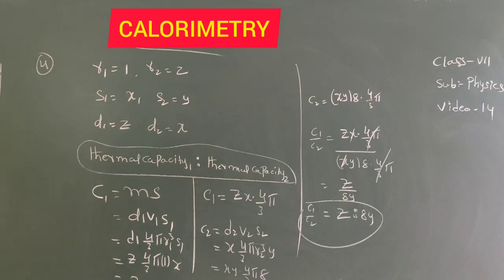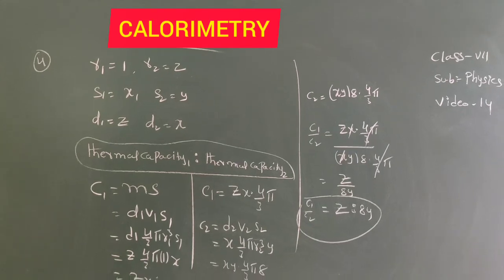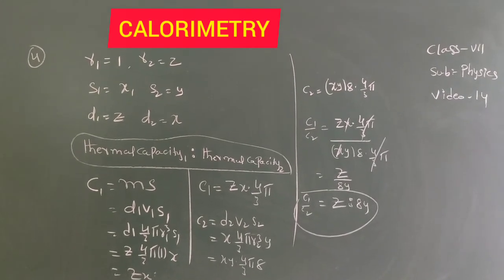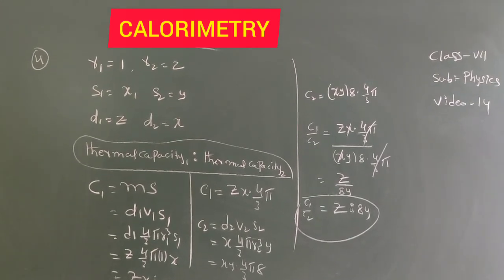The volume of the sphere equal to 4 by 3 into pi r cube. So d1 d2 is given, s1 s2 is given, and r1 r2 also is given. Then find the thermal capacity.